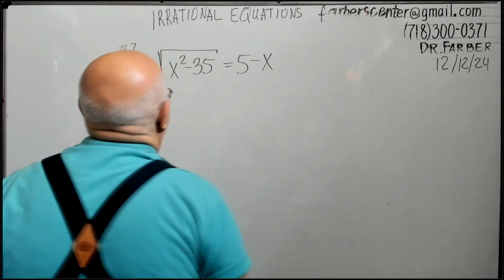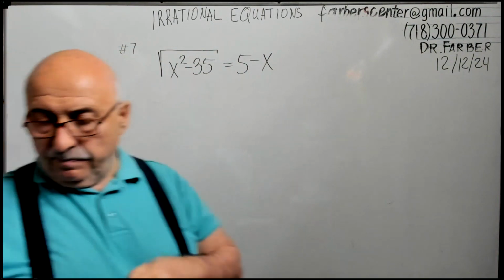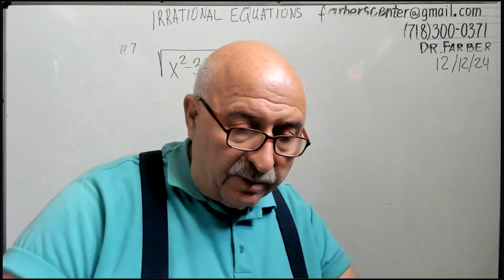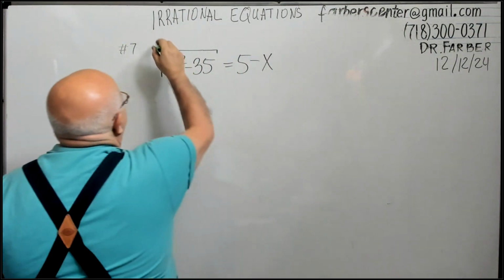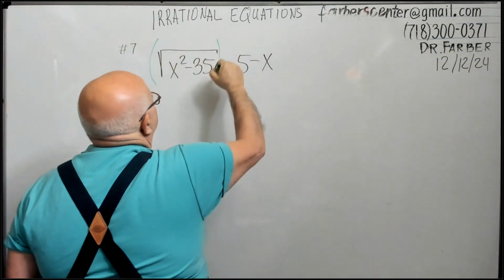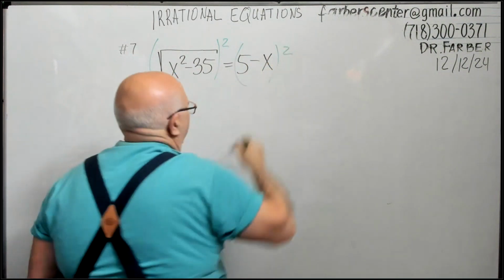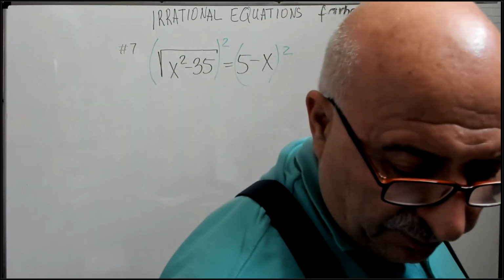Let's go step by step. Since the radical is already isolated, I will take a different color, let's say green for instance, and put both parts to the second power.